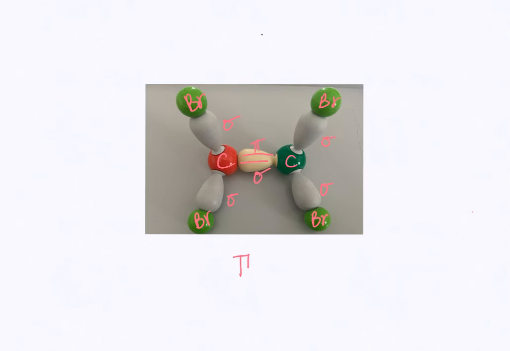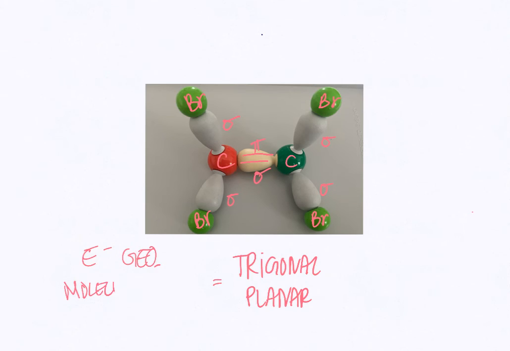Again, this is trigonal planar for both the electron geometry and the molecular geometry. Since it's trigonal planar, again, we know that the bond angle is 120 degrees.